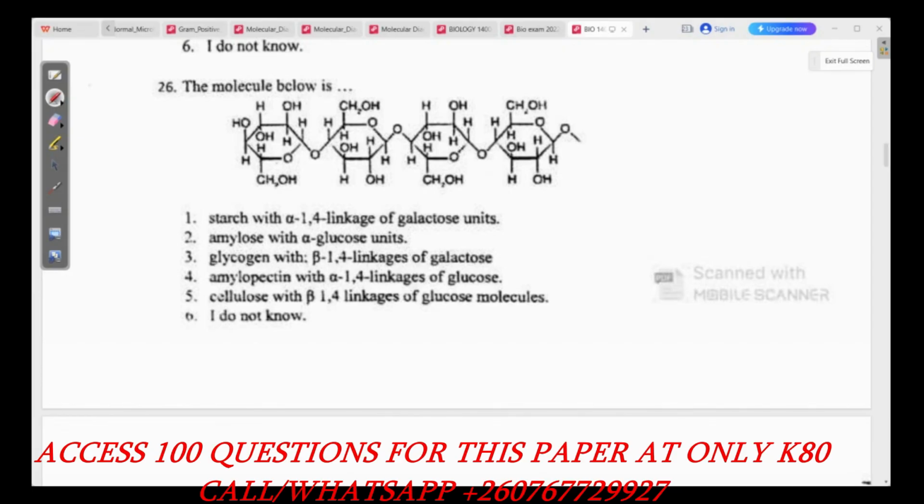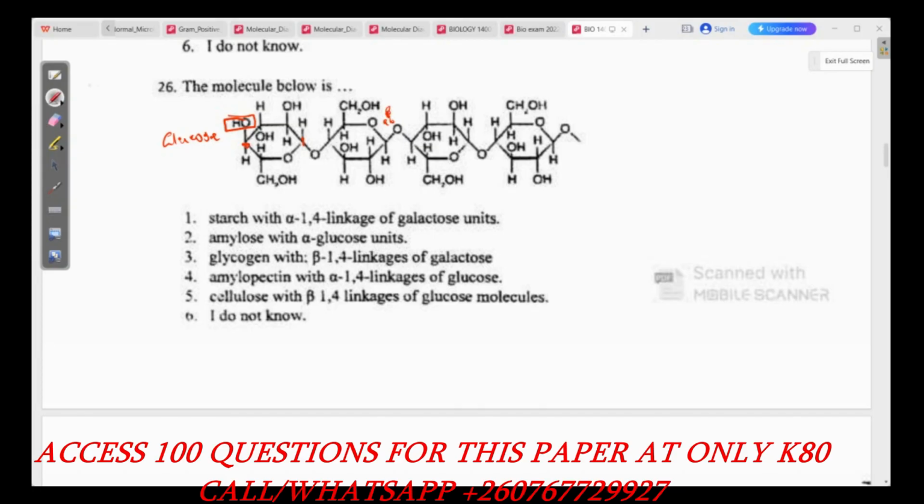So we have to check carbon 4. This is carbon 1, carbon 2, carbon 3, carbon 4 is here. We see the hydroxyl group at carbon 4 is above. If it's above, then that is glucose. Then here, I think this was above, so that will be beta.